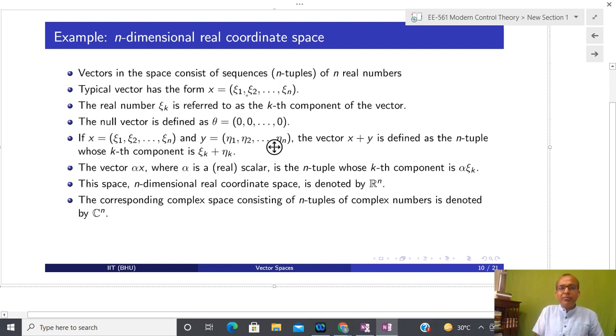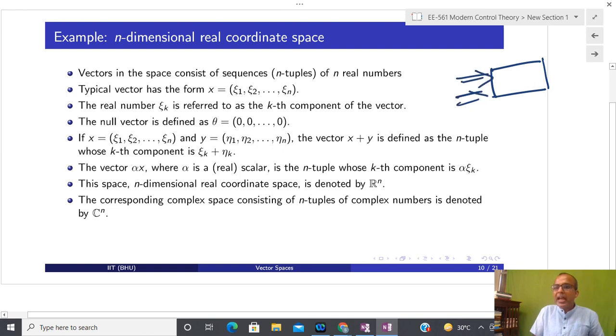Now, most LTI or LTV systems are multi-input multi-output systems, so I have more than one state variable, and the input and output are also more than one.